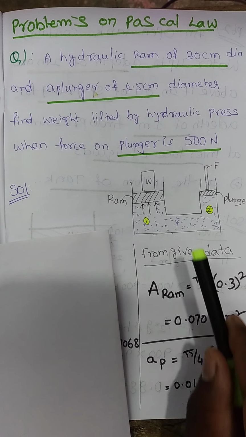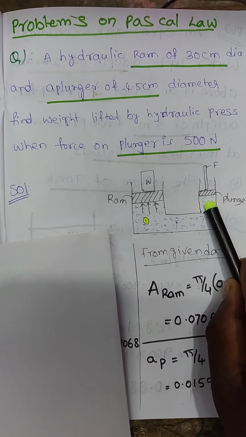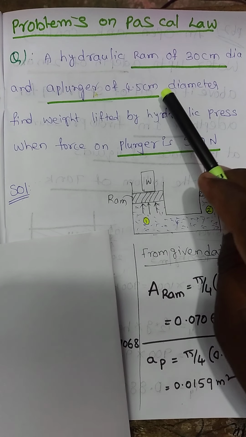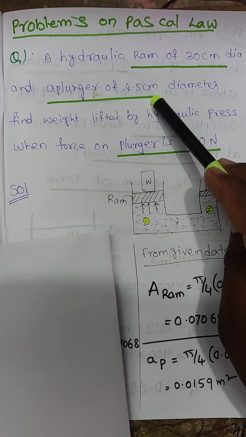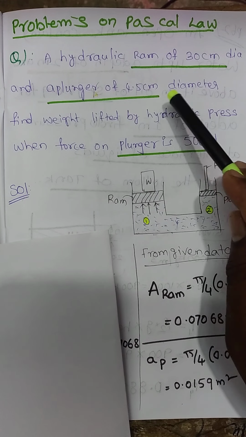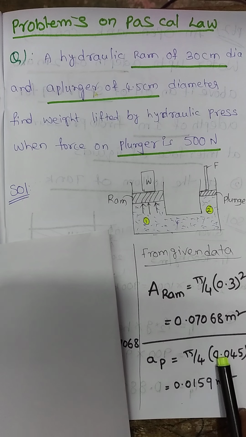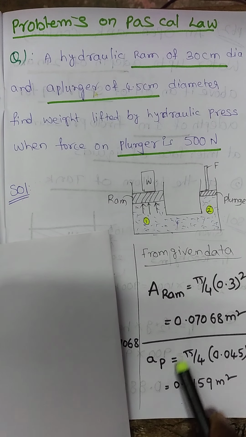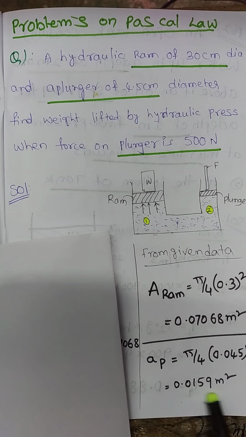Similarly, you know the plunger diameter, which is 4.5 centimeters. Convert it to meters, then 0.045 meters. Same, pi by 4 into d square, d is 0.045 square. Then you will get the area of the plunger.